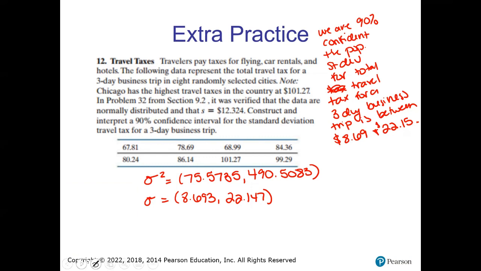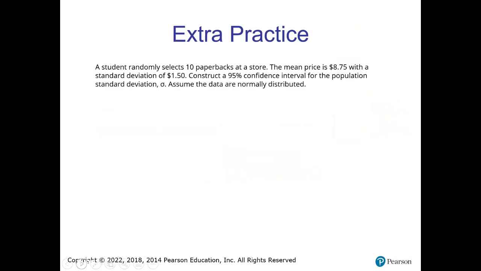So let's look at one more. This one I'm going to give you the summary just so you can see the difference. A student randomly selects 10 paperbacks at a store. The mean price is $8.75 with a standard deviation of $1.50. Construct a 95% confidence interval for the population standard deviation.